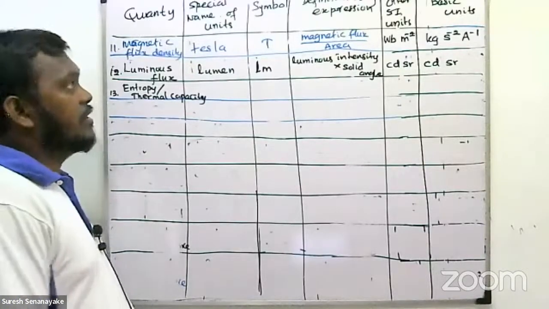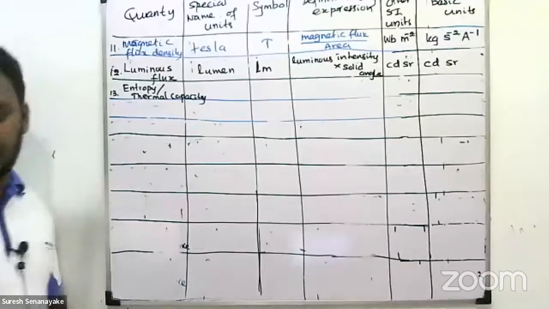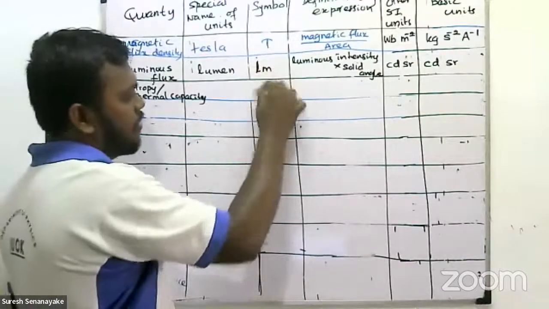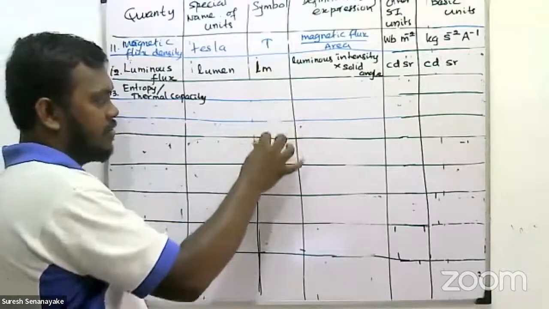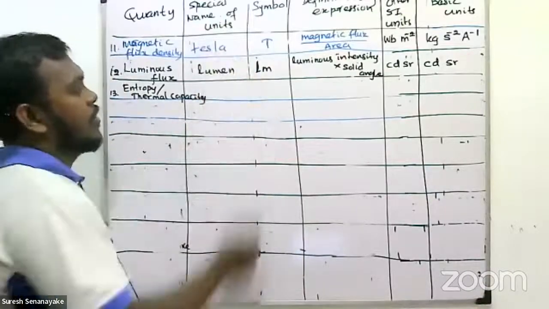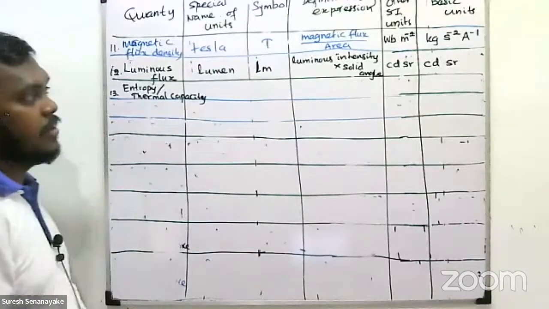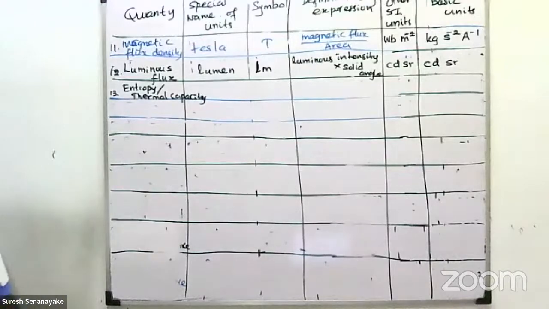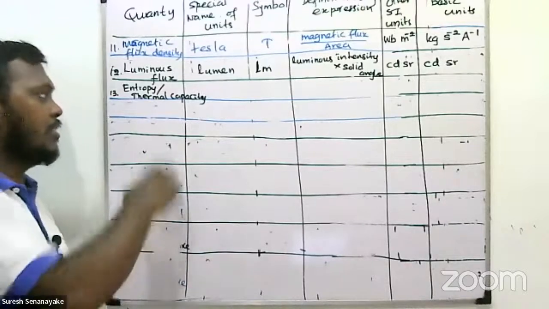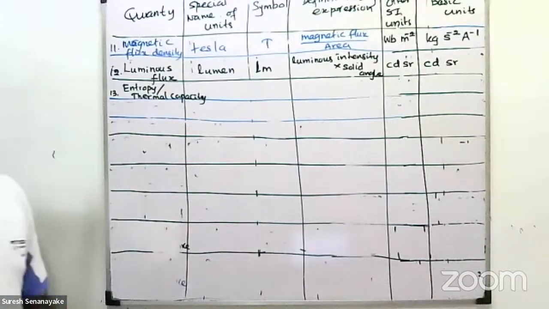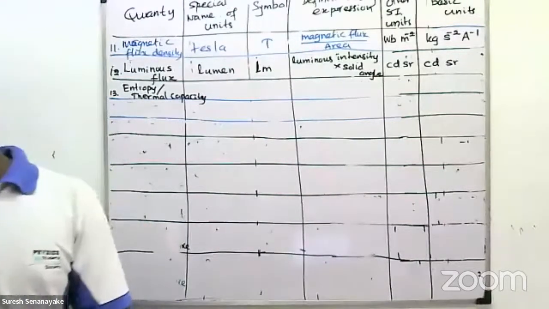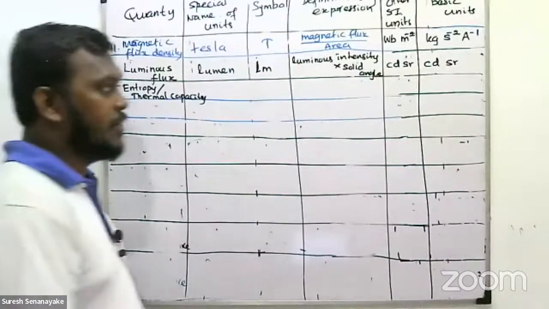Special name of the unit: actually they don't have a special symbol. So from here, I'm not going to write this one. In the table, it's only this name you consider. And you don't need to worry about this expression, that's an equation, because those are related to the thermal physics part. So we are not going to write this, only the SI units and base units we write there.